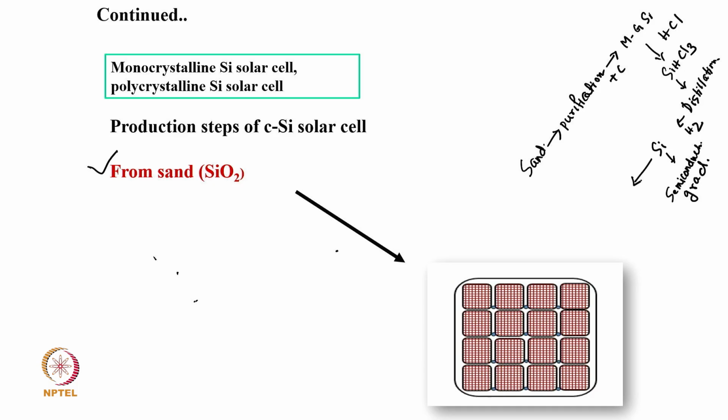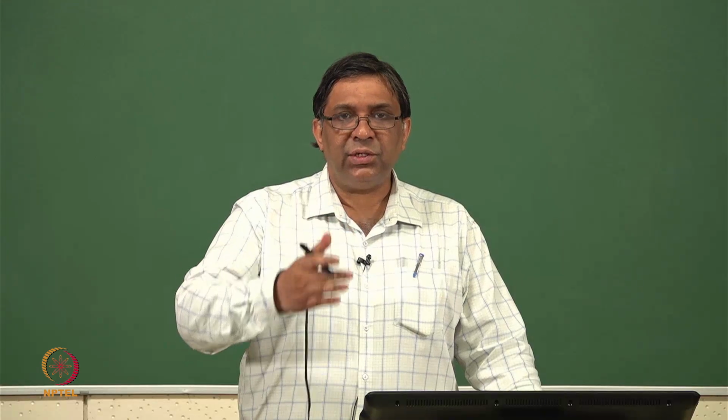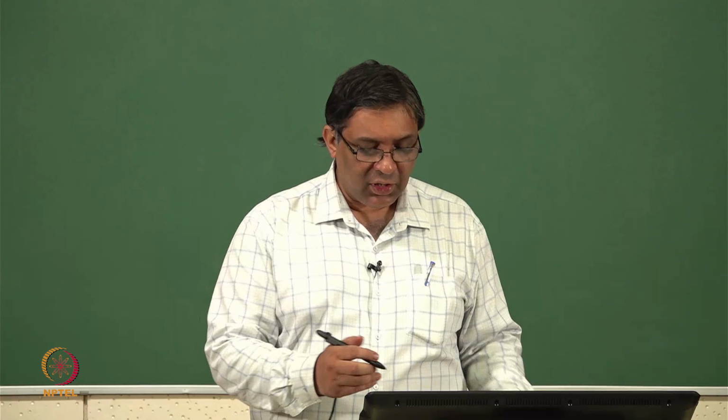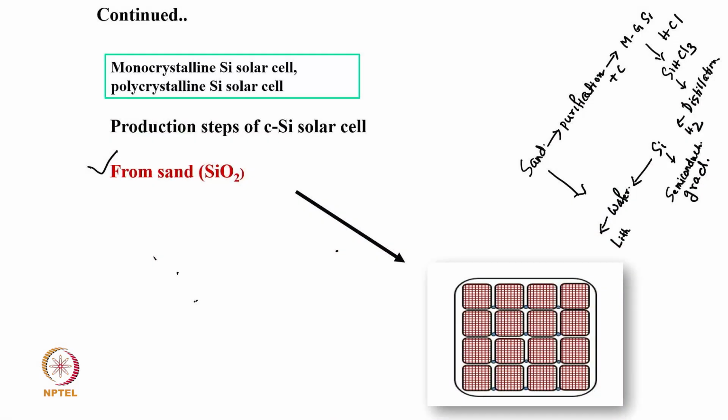Now these silicon, we are using the wire mesh or the diamond cutter, you have to make wafers. So this is the entire journey, and then this wafer is being used. Sometimes you cannot just directly use the wafer. You have to introduce a technique called lithography and make a module, a silicon solar cell.